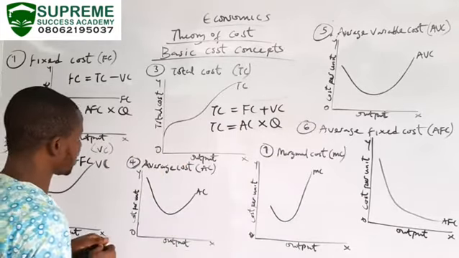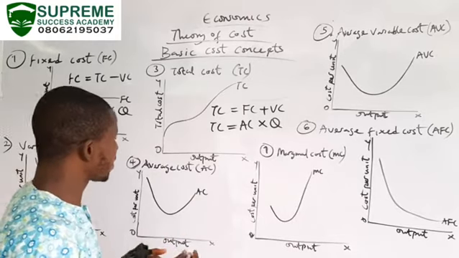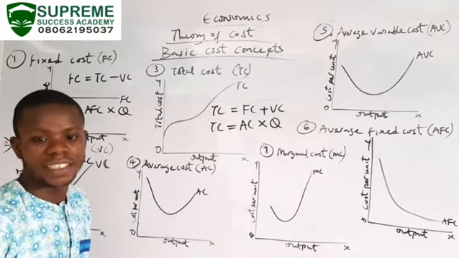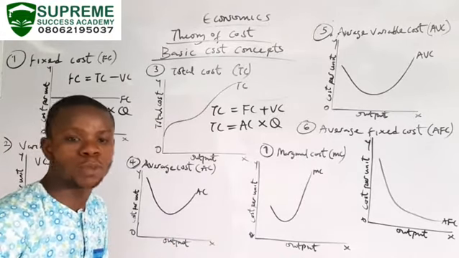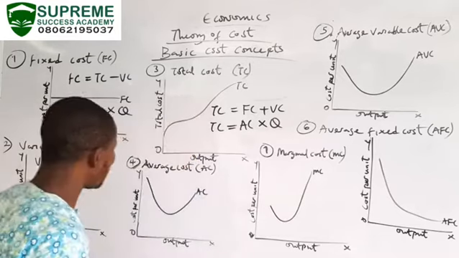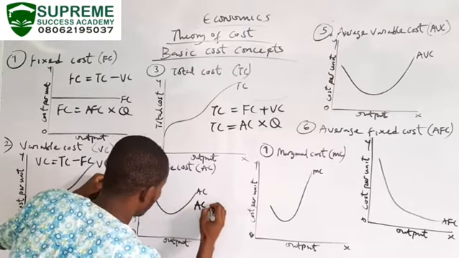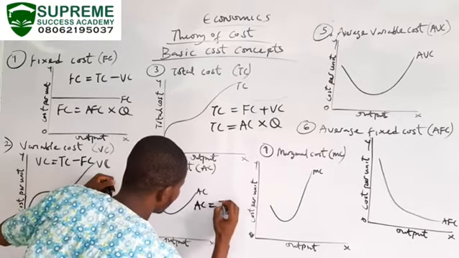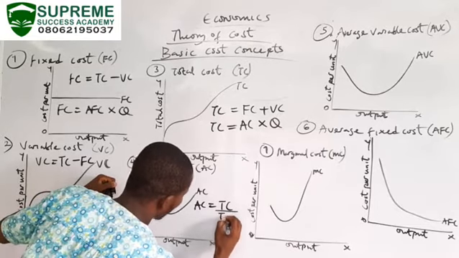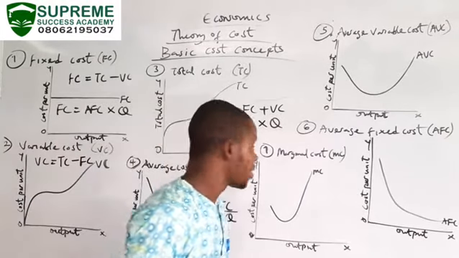So the next one, which is average cost. Average cost is the cost per unit of output. The formula for average cost is AC equals TC, that is total cost, divided by TQ, which is total quantity.